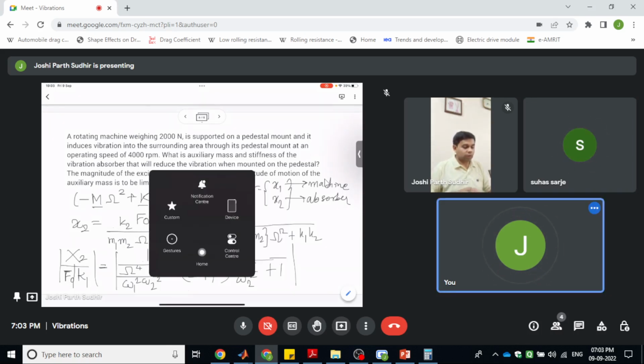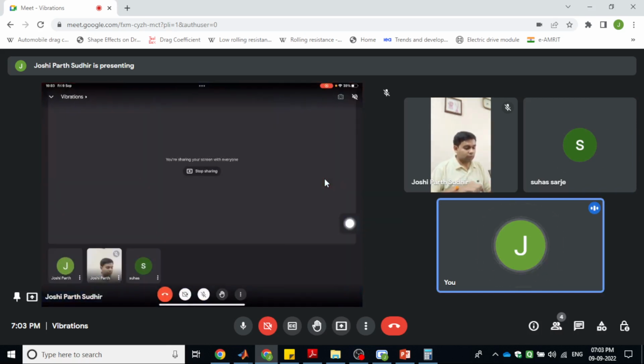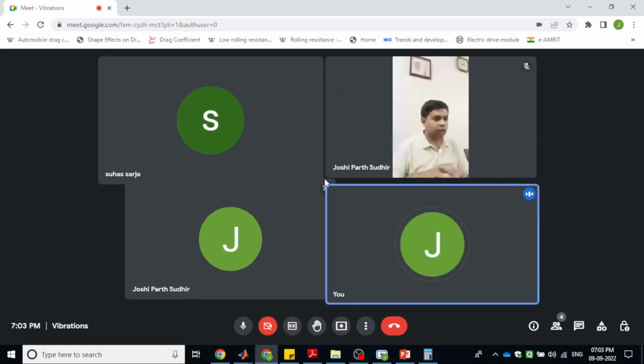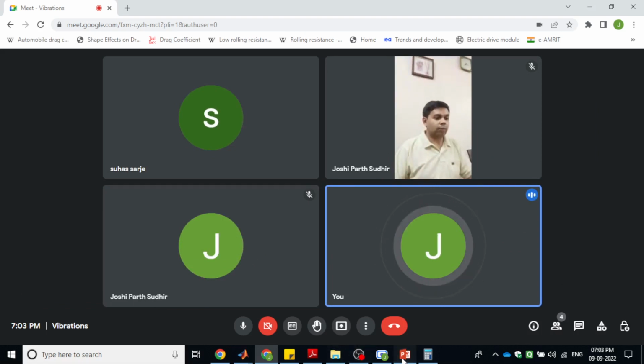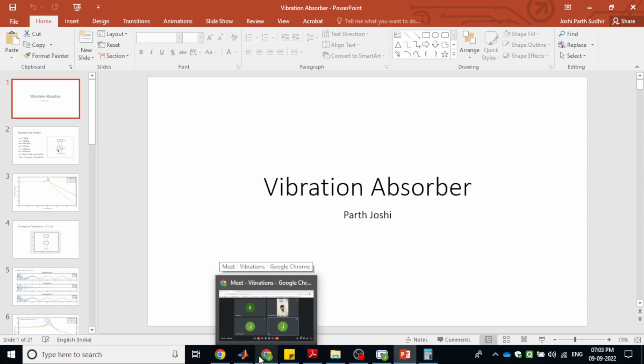Okay. So then I will just quickly show an animation of the vibration absorber, how the vibration absorber functions.